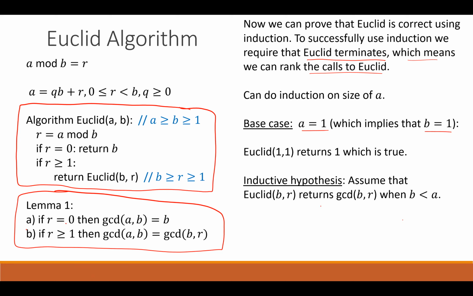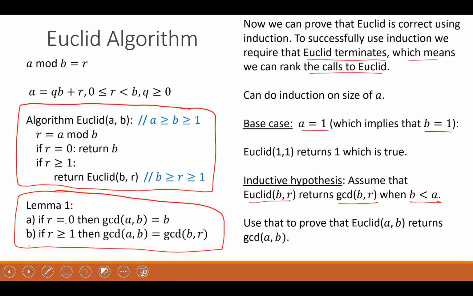Otherwise, yeah, all right, so we're going to do both at the same time. So assume that Euclid BR returns the greatest common divisor of B and R, as long as B is less than A. We're going to use that to prove, yeah, I think I mixed up my proofs here a little bit.